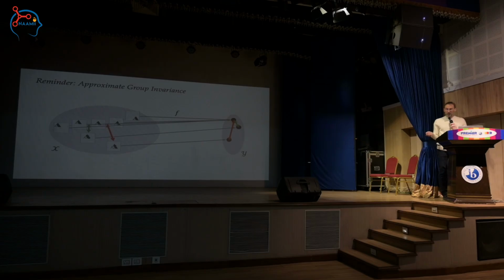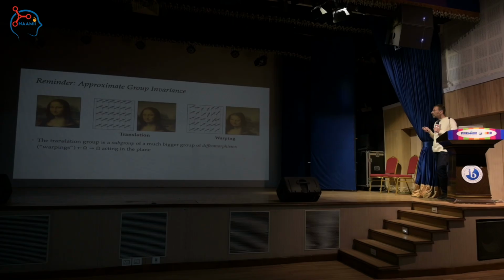What I want to guarantee is that if I can quantify how far my transformation is from the translation group, I want the output to be of the same order of magnitude. So I want some kind of continuity property here. Is it clear? That's what we call geometric stability.